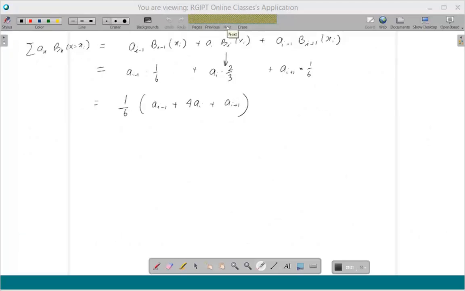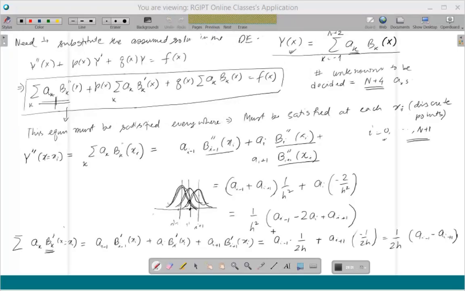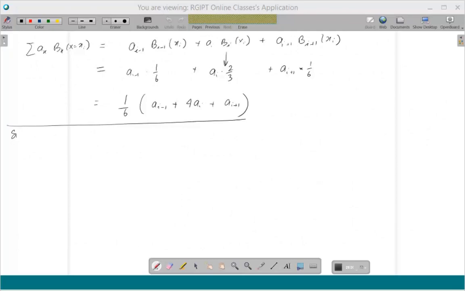Okay, so let me just write down. The first term was a_(i-1) minus 2a_i plus a_(i+1), right? So substitute into the differential equation for the point x equal to x_i.